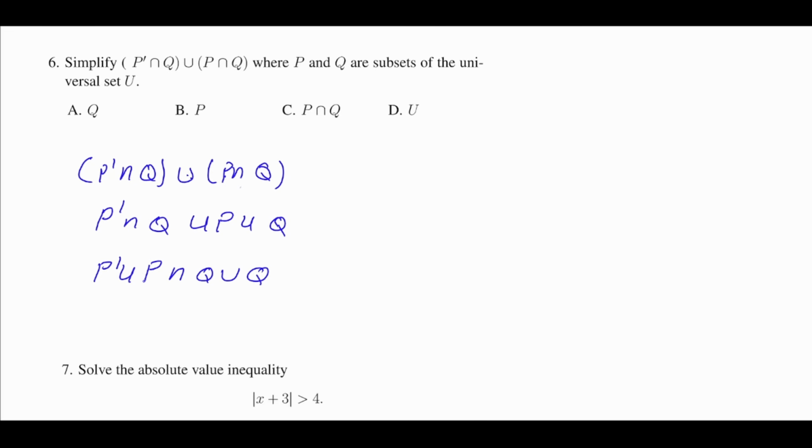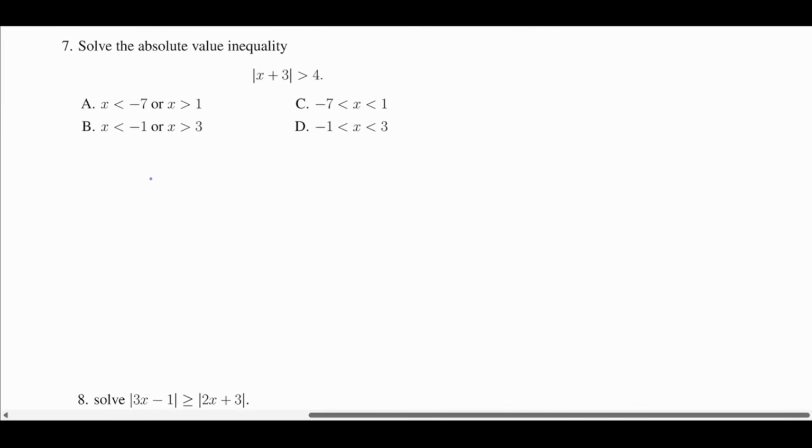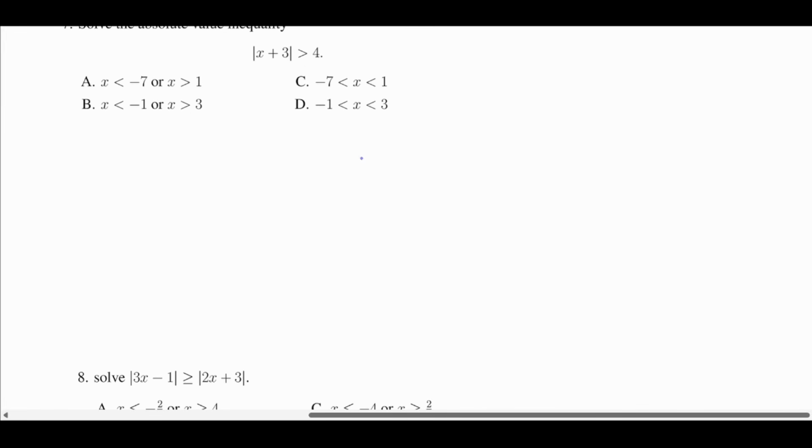P prime union P means that we are taking P and its complement, adding them together, which will give us the universal set, U. U intersection Q union Q will still give us what? Q. And so our answer was supposed to be A, that is Q.